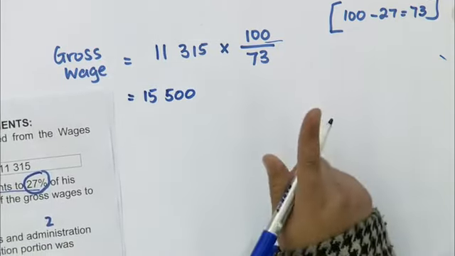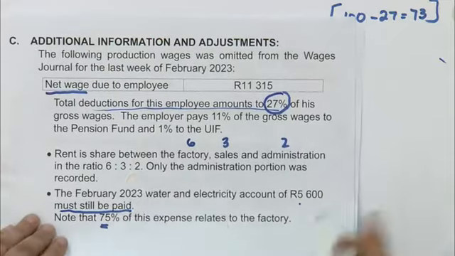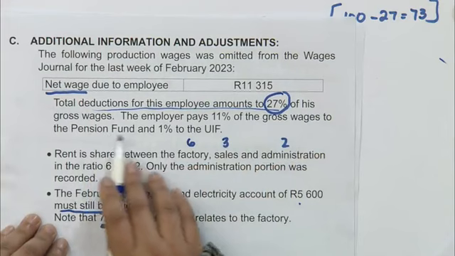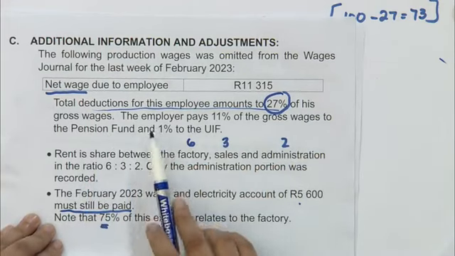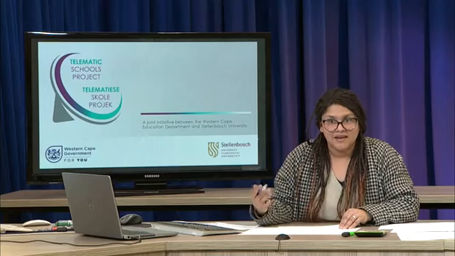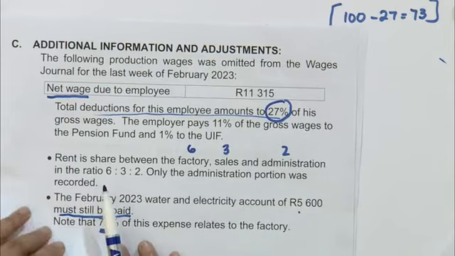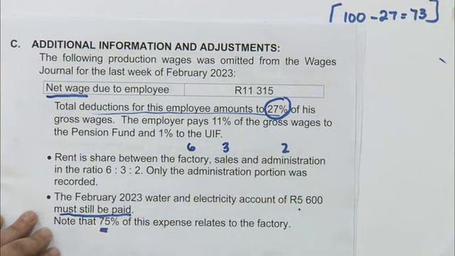15,500. But wait, there's more. They tell us that the employer pays 11% of the gross wages to the pension fund. Now, we can only assume that this is employer contributions, and it would be great if they actually told us that, right? So that's your employer contributions. Employer contributions of gross wage for the pension fund and 1% to the UIF, all making reference to gross wage.